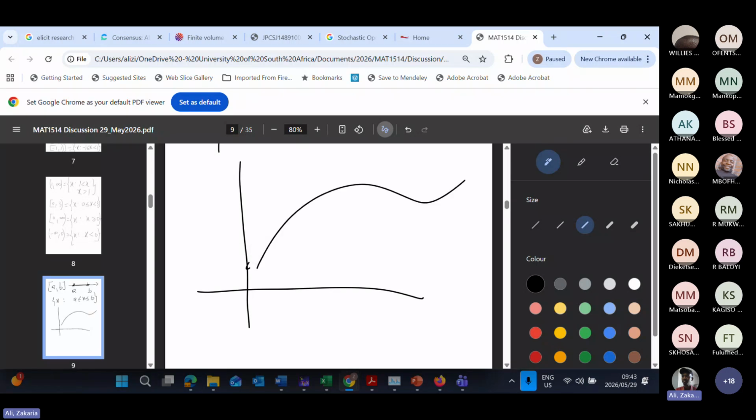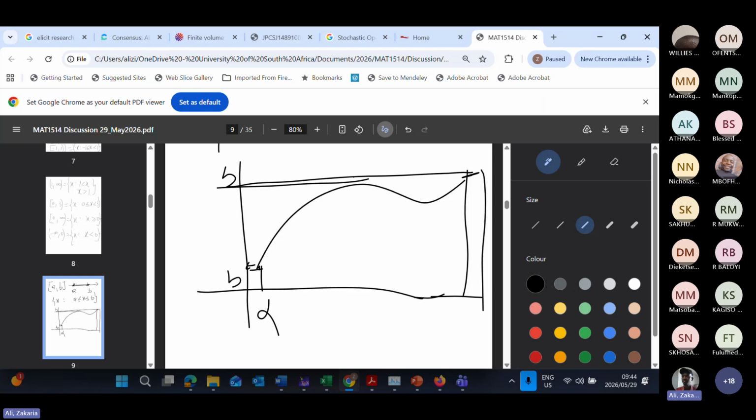Let's say I give you a graph here, and this is A, and somewhere here this is B. From this you should be able to see that the lowest x value here is, let's say, alpha, and the highest x value here is, let's say, beta. So this should give you the domain. The domain is from alpha to beta.